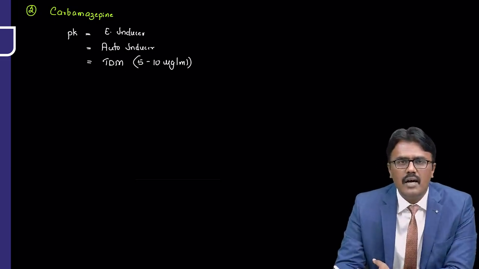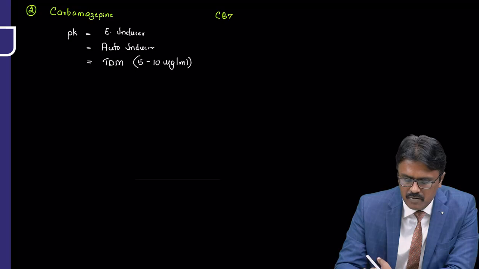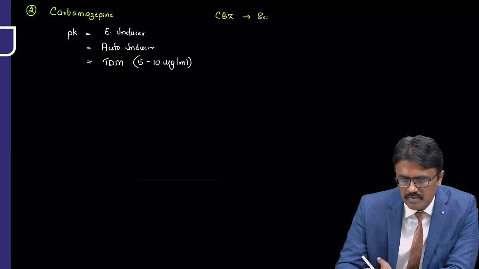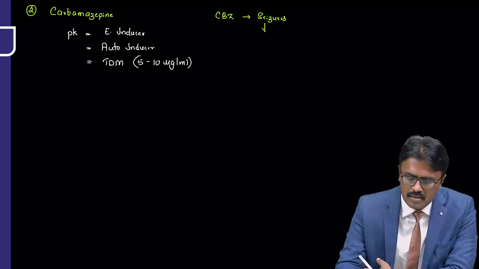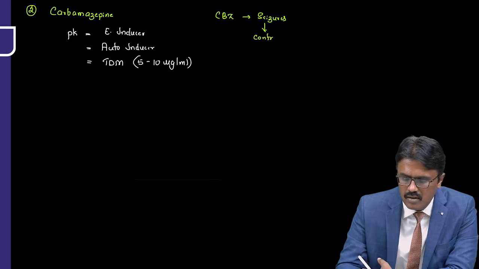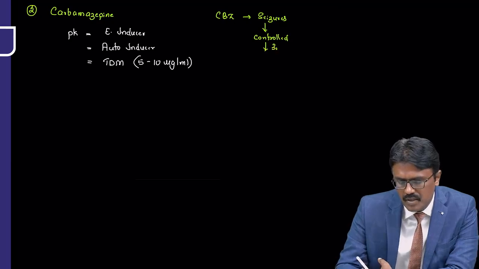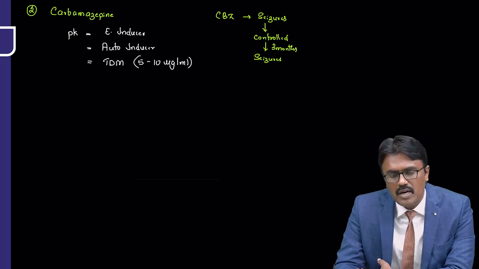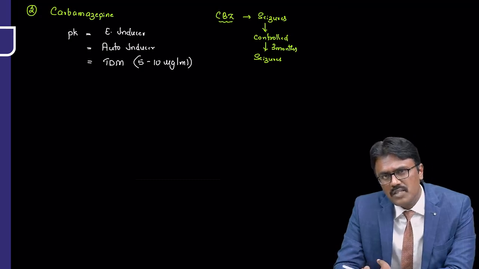Sir, what do you understand by autoinducer? For example, I have put a patient on carbamazepine for a particular type of seizures. After 1 month, the patient is controlled, there are no seizures. After 3 months, the patient comes again saying, sir, I had 2 episodes of seizures. Now, the question is, will you decrease the dose, increase the dose, keep it the same, or change to another drug?